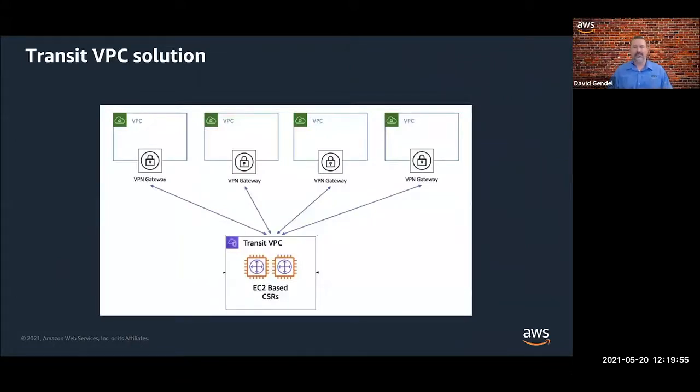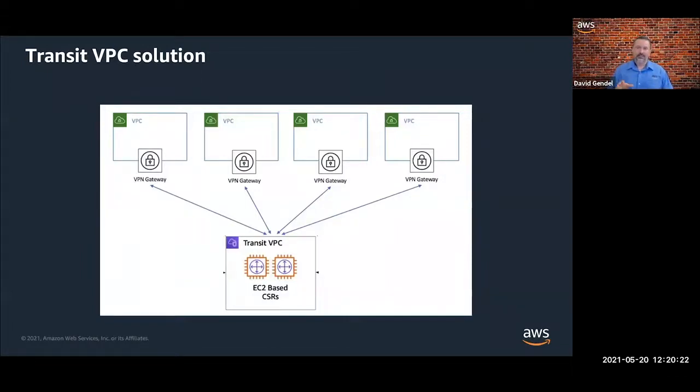Transit VPCs can solve some of the same shortcomings over VPC peering that transit gateway solves, but there's a key difference, right? You still have that central hub. You still only have to manage that single connection to each VPC, and transitive routing is enabled and supported just like with transit gateway, right? These are problems or challenges that we're solving as compared to VPC peering.